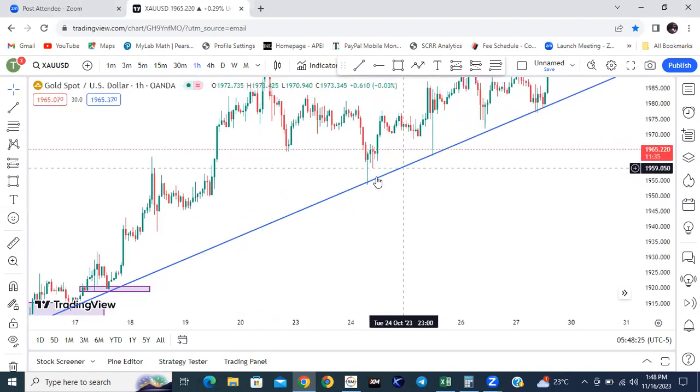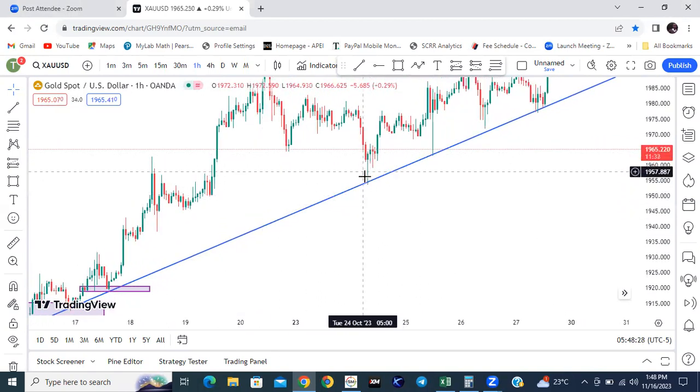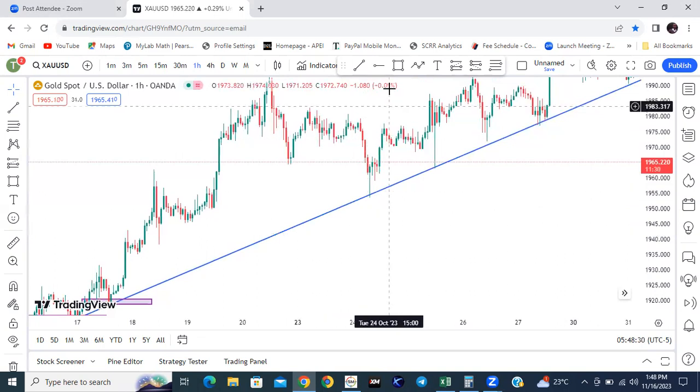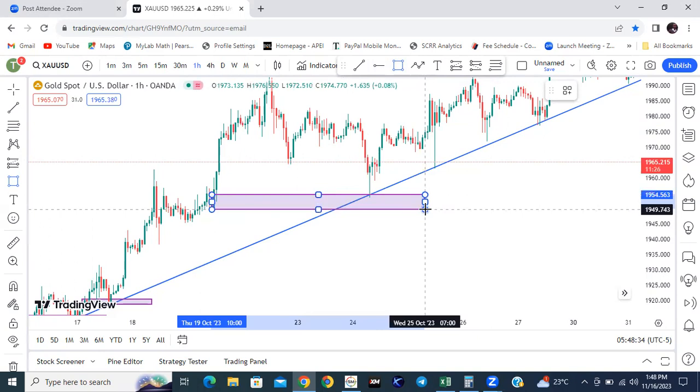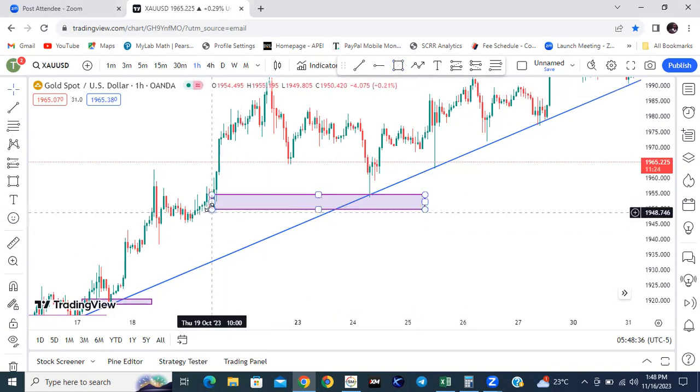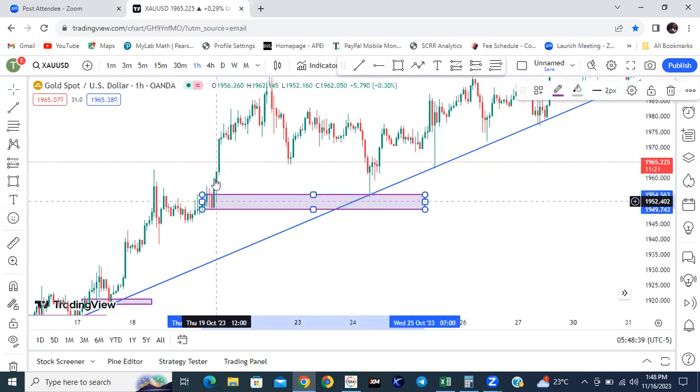Then you can see as the price touches this trend line at this level, again it's respecting an area of demand. This is a bullish engulfing candlestick pattern, which creates the demand zone.